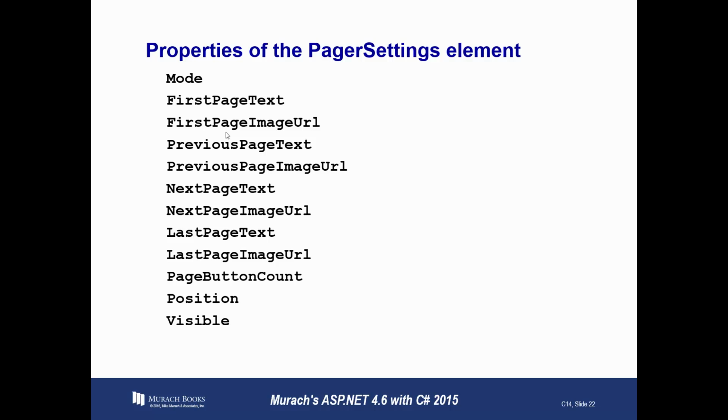Last page image URL, page button count, which is the number of buttons that you get if it's set to numeric or numeric first last. Position, which is where you want it to display, which you can set to top, bottom, or top and bottom, which I find confusing. And visible, if you don't want pager controls, you can set that to false.